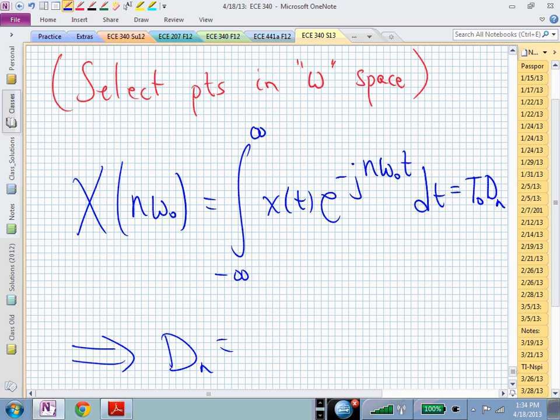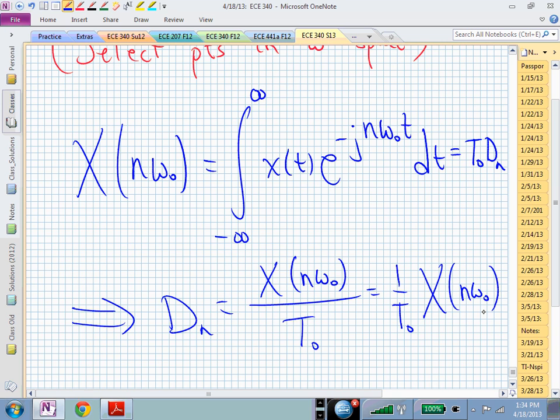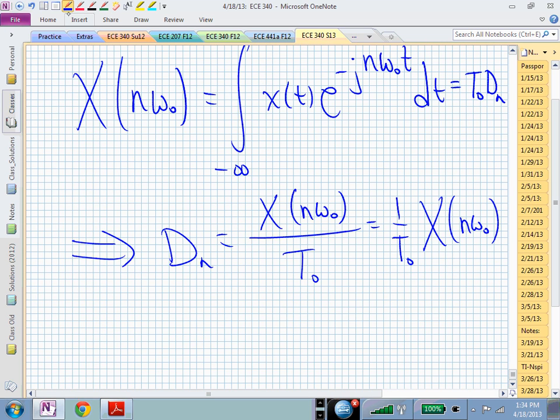Now we have a way of expressing D sub n. D sub n is this sampled expression for our frequency, capital X of n omega naught, divided by T naught. Or this is 1 over T naught. It's just a scaling of our sampled value of frequency.